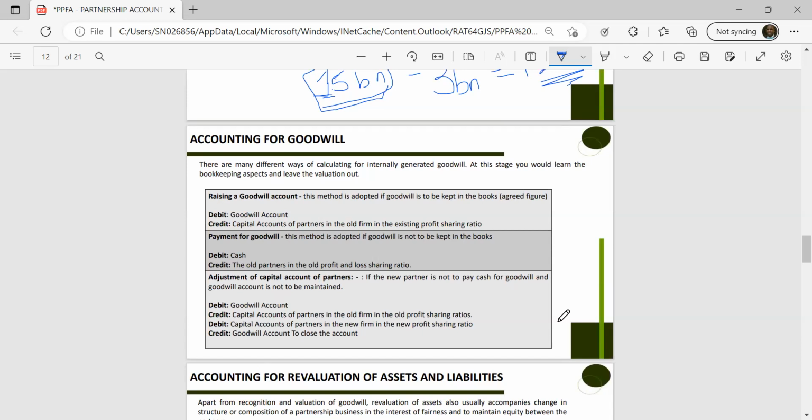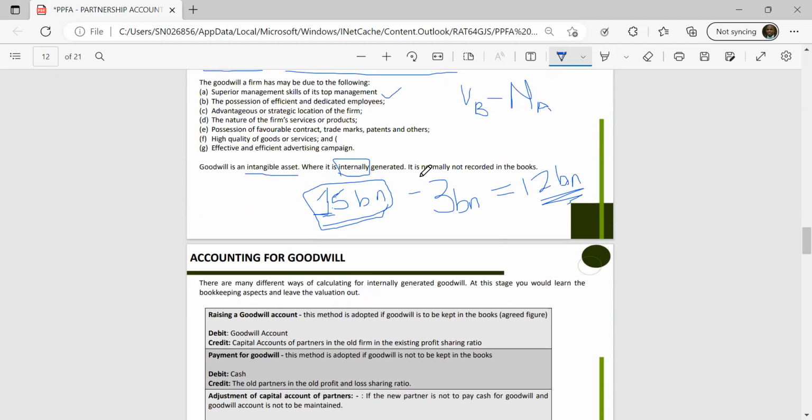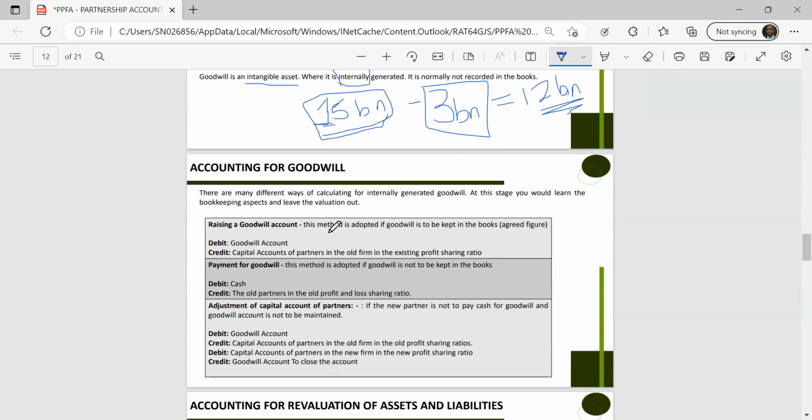Number one, if you want to raise a goodwill account, that means somebody has paid you, or somebody has come into the business and paid you more than what the net asset of the firm is, then you want to raise goodwill. Yes, you can keep your goodwill account. What you will do is debit your goodwill account.